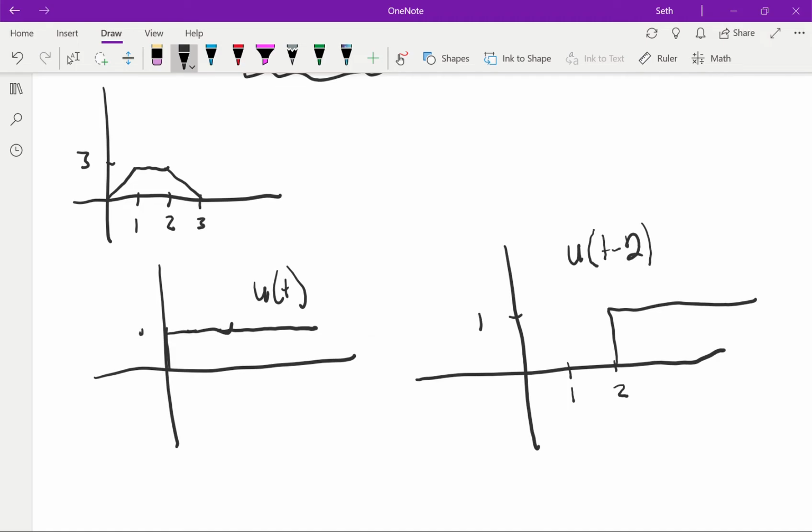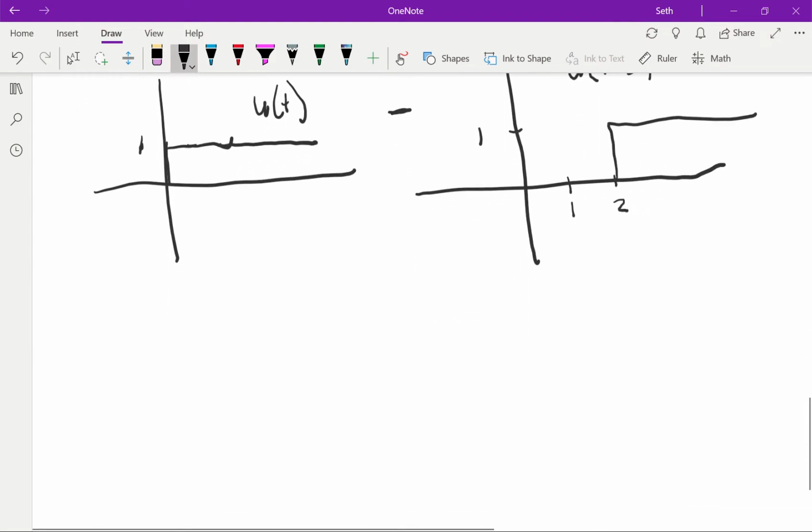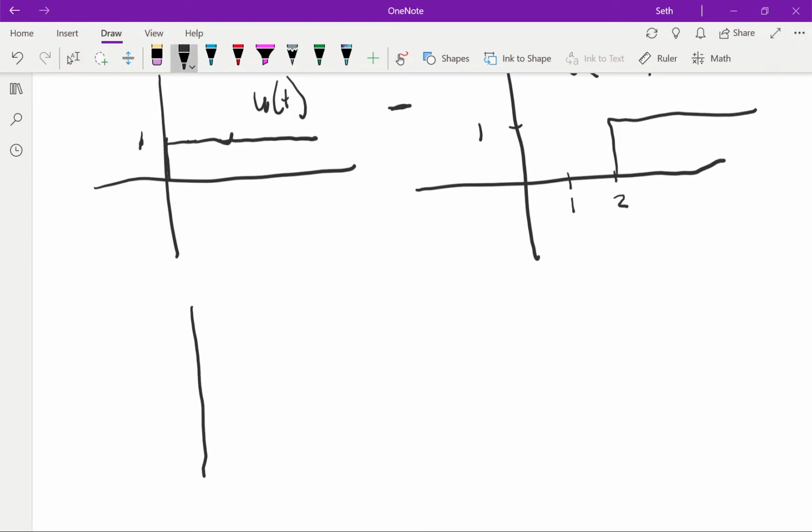This is 1. Okay, so we need to subtract u of t minus 2 from u of t. So this is active from only 2 on, and it's equal to 1. This is active from 0 on, and it's equal to 1. So hopefully you see that is just equal to a rectangular pulse between 0 and 2.